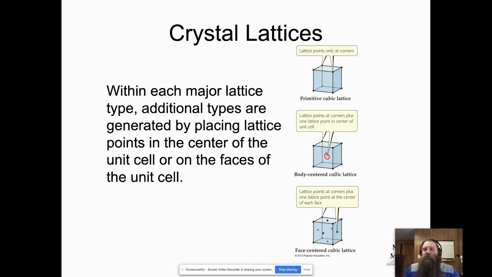If it's in the very center of this three-dimensional cube, then we have a body-centered lattice. If, on the other hand, there is one in each face, so that would be a total of 6 on a cube, 6 faces, then we have a face-centered cubic. If you don't have any additional lattice points, if they're only in the corners, then we call that primitive cubic lattice. And those are the 3 we're going to look at when I said we're going to solve some problems.